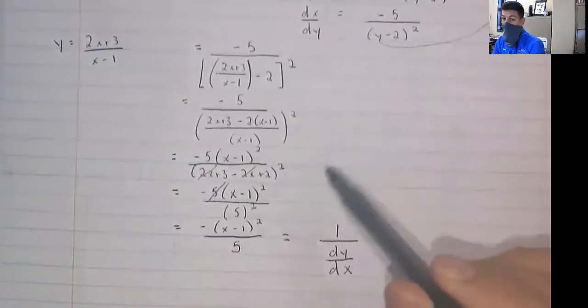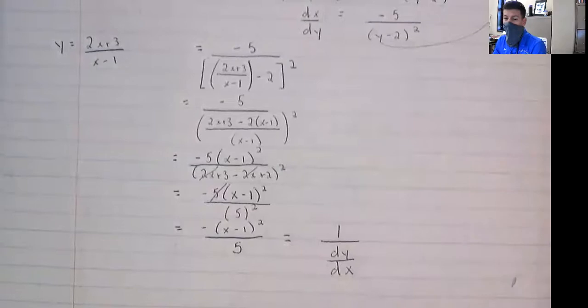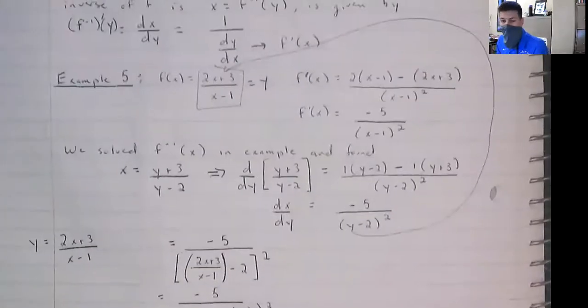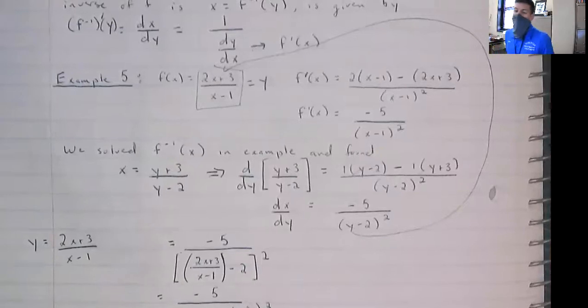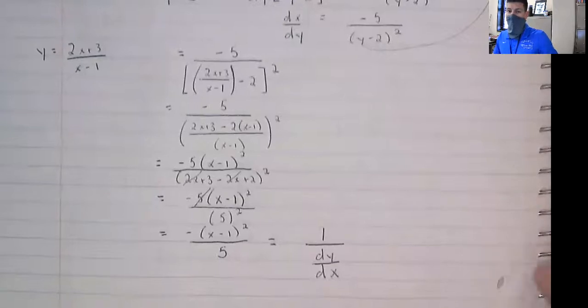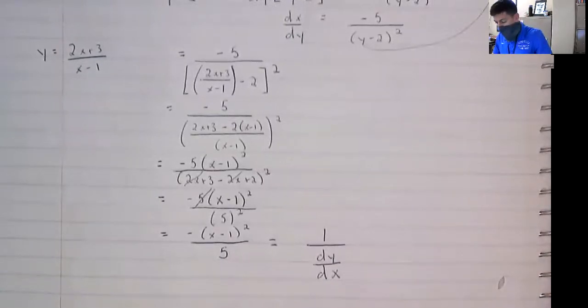If this was kind of like, I'm not that stoked on it, don't fret too much. The second part of today's lesson is something that we'll be focusing quite a bit more on. Basically, inverses are reciprocals. Their derivatives are reciprocals of each other's, which kind of makes sense.